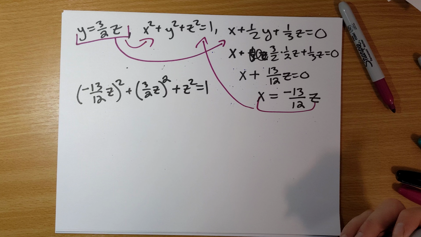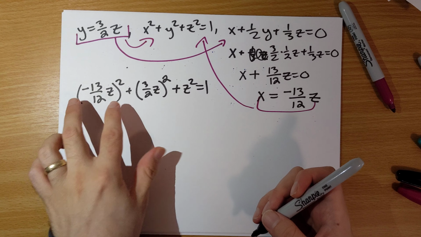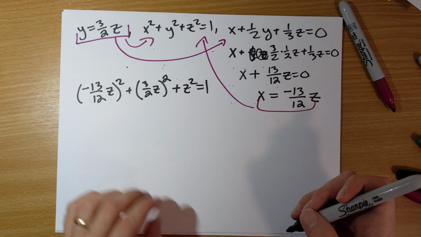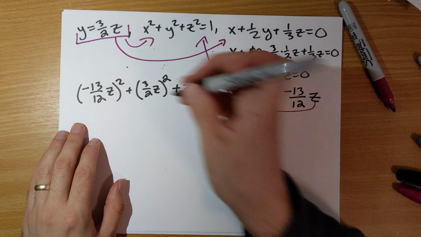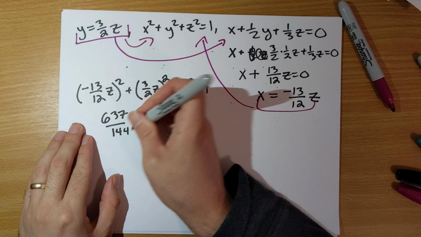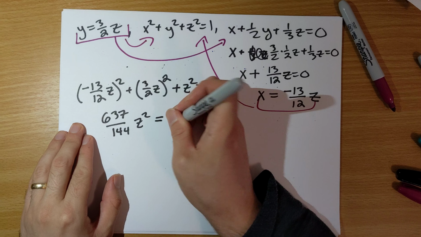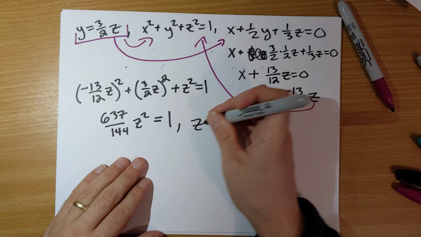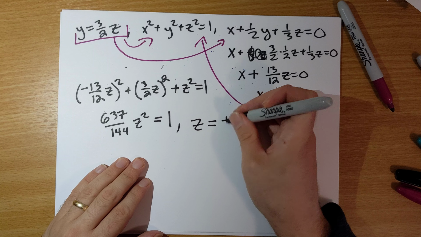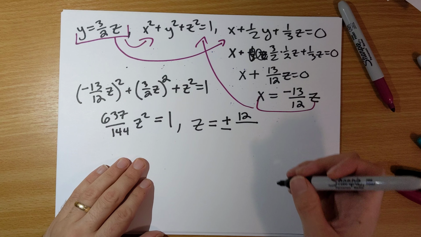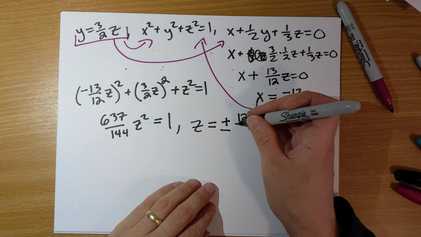And so putting all of this together, there's a lot of arithmetic, a lot of algebra simplification to do here. You get 637 over 144 z squared is equal to 1, which gives you two solutions. z is either plus or minus 12 over 7 square root 13.